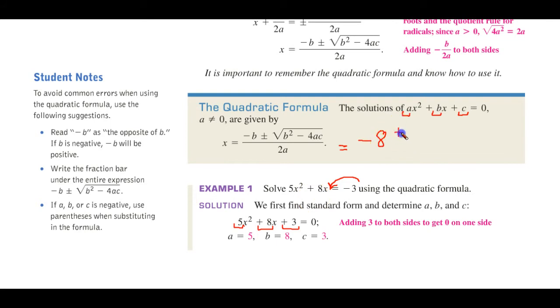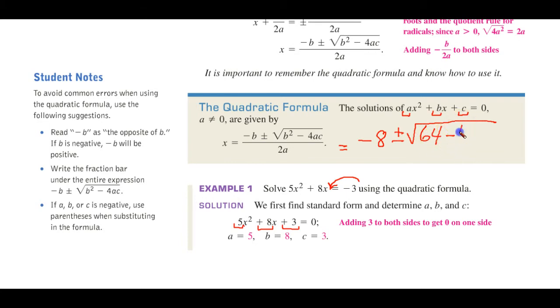Then we just put our plus and minus, the square root. Now it's going to be b squared. B squared is always going to be positive because you're squaring it. That will be 64, or you could put 8 squared there if you want, but you can start to compute.